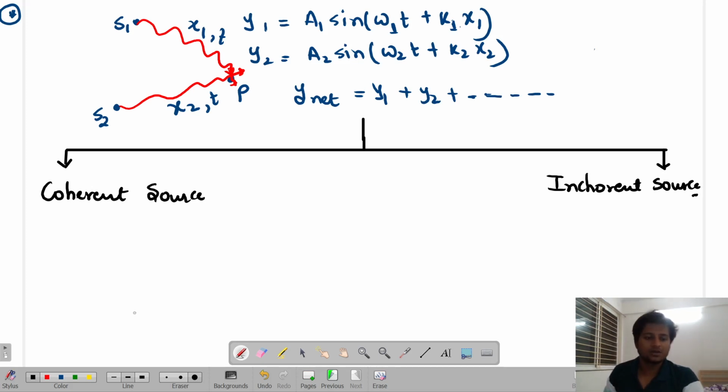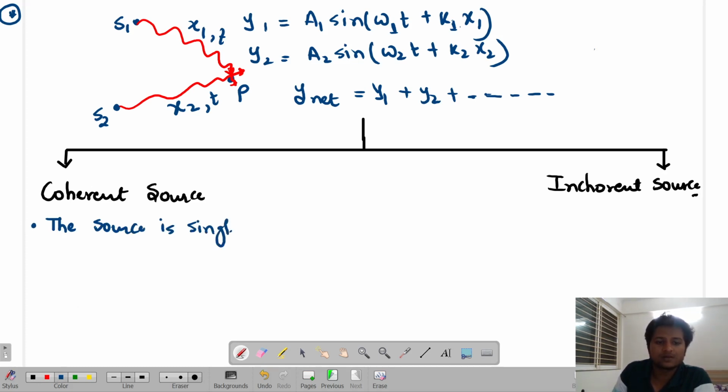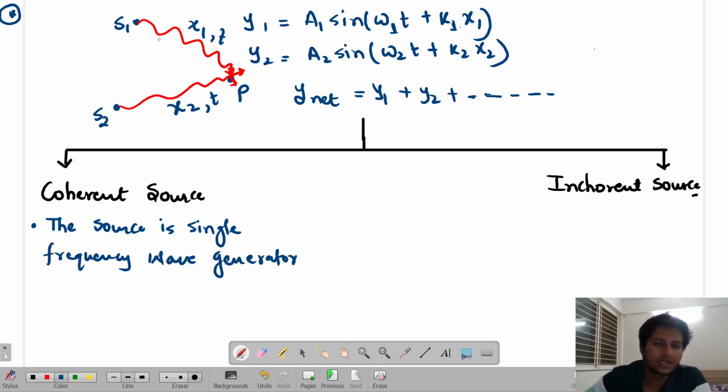So if I have a coherent source, that means the source is a single frequency wave generator. Look over here. If these waves have the same frequency, then they are going to be called which kind of source? Coherent source.